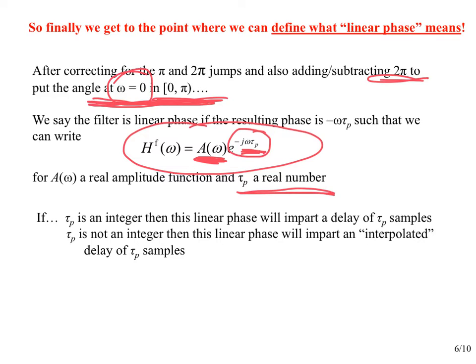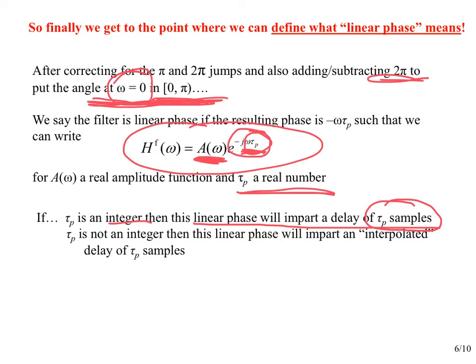So if tau sub p is an integer, then this linear phase will impart on the signal going through the passband part of it a delay of tau sub p samples. Now, it is possible to have a frequency response with a linear phase response like this, where tau sub p is a fraction.